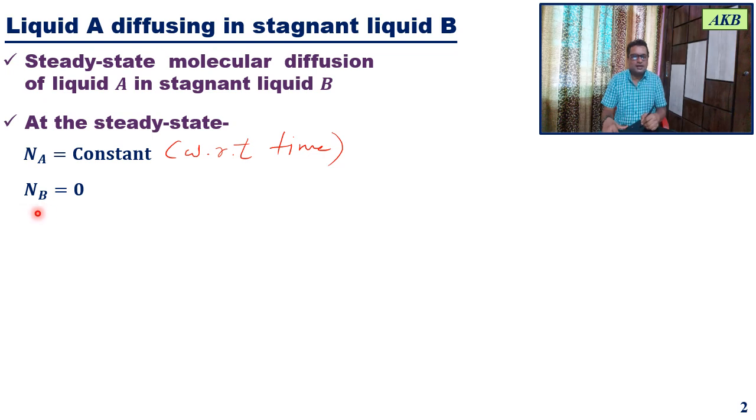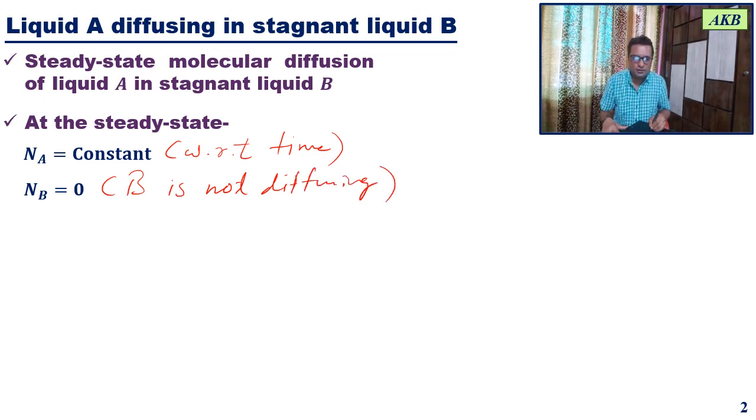When I write NB equal to 0, it clearly tells us that B is not diffusing. The other word for this is stagnant. So Na is constant and Nb is 0 for this particular case.